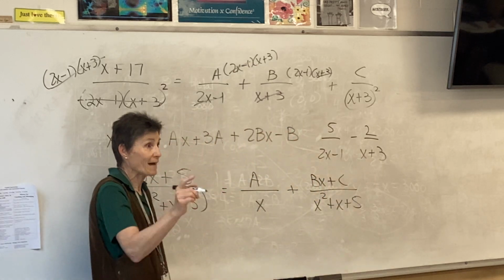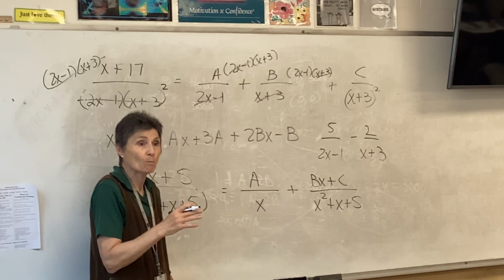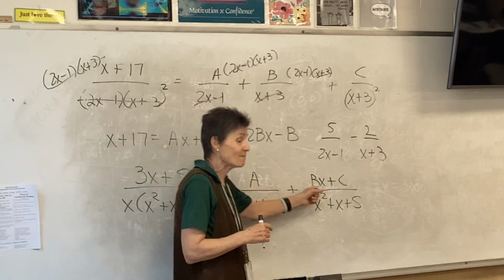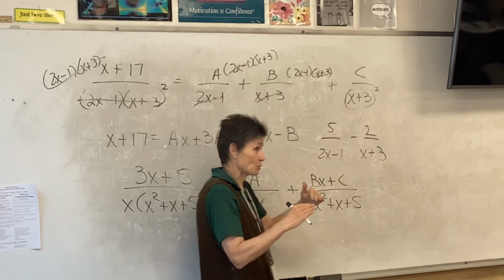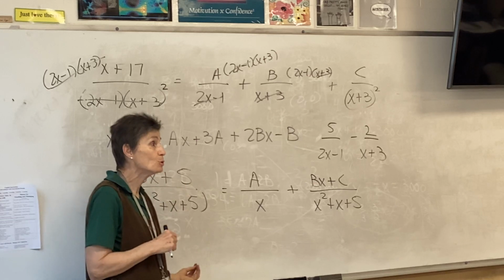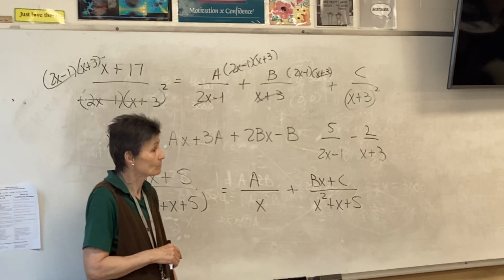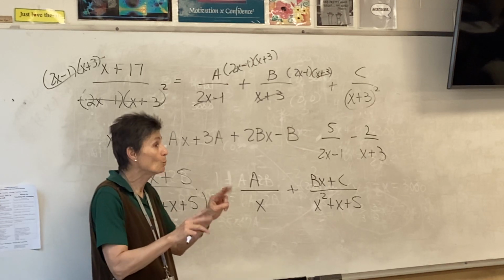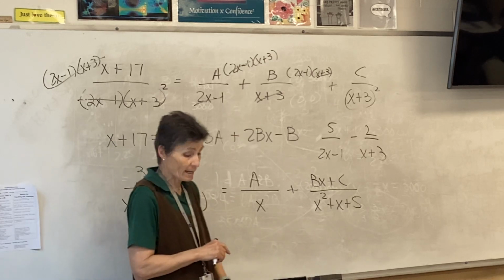If you don't, go back to your notes, because we had one of those in our notes. It's all going to work out the same way, but since there are 3 variables, you're going to have 3 equations instead of just 2 to solve. So go back and look at your notes if you're wondering about that. Those are the two weird things that can happen in one of these kinds of problems. All right, what else? Let's go.